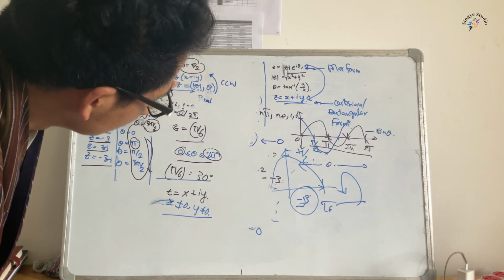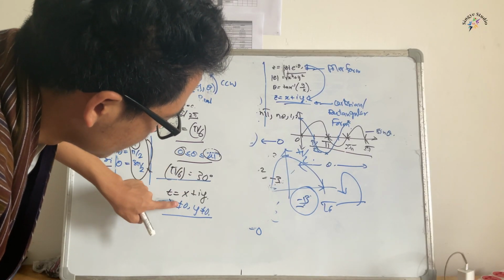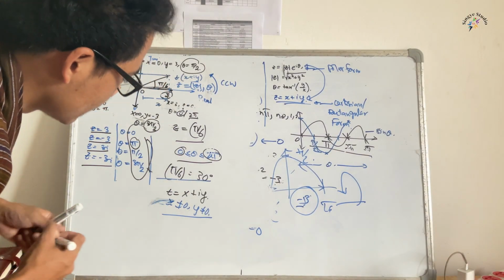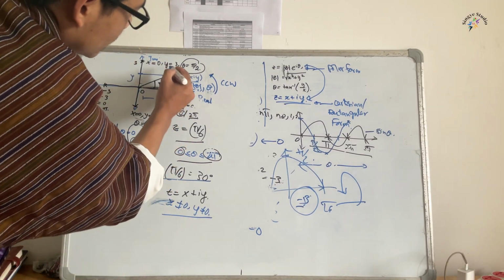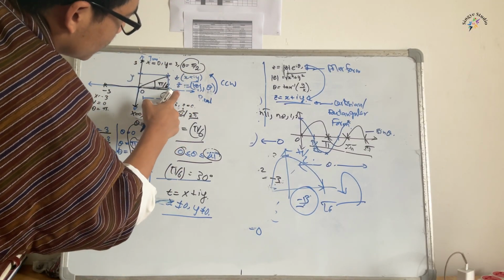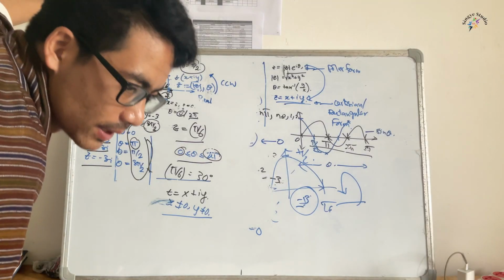For example, if you do pi by 30, then this number will be just pi by 30.